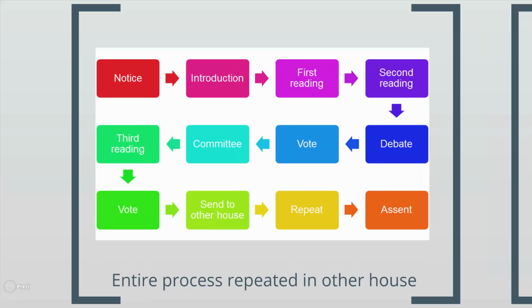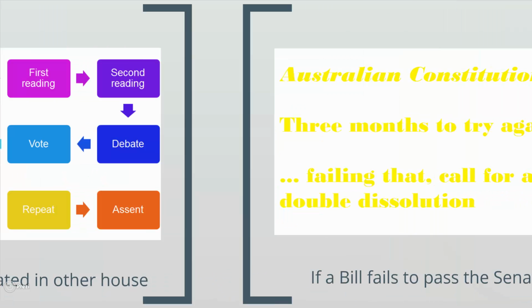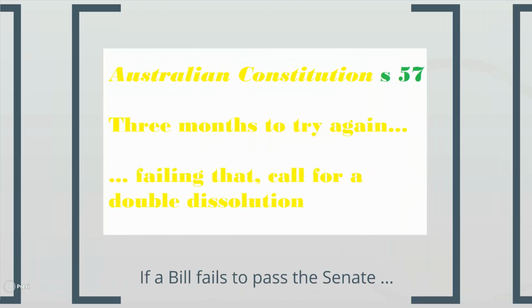When the second House agrees that this particular piece of legislation is okay, in other words, it's gone through three readings and been voted upon, then it can be sent to the Governor-General or Governor or Administrator for royal assent.